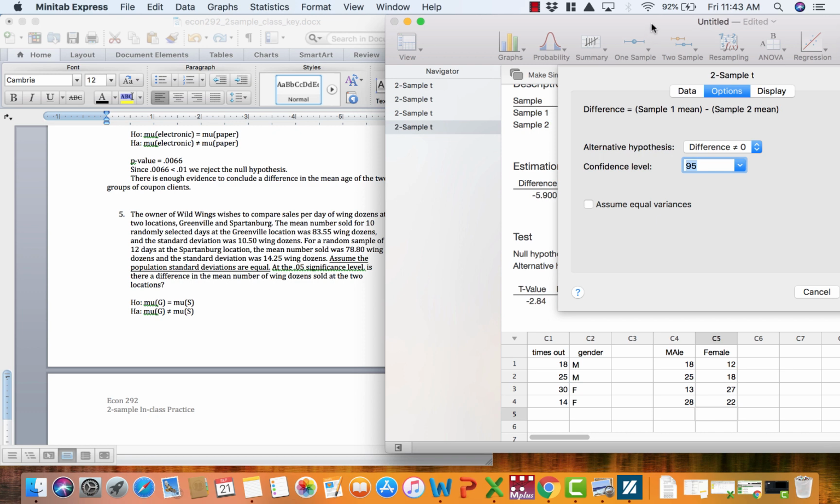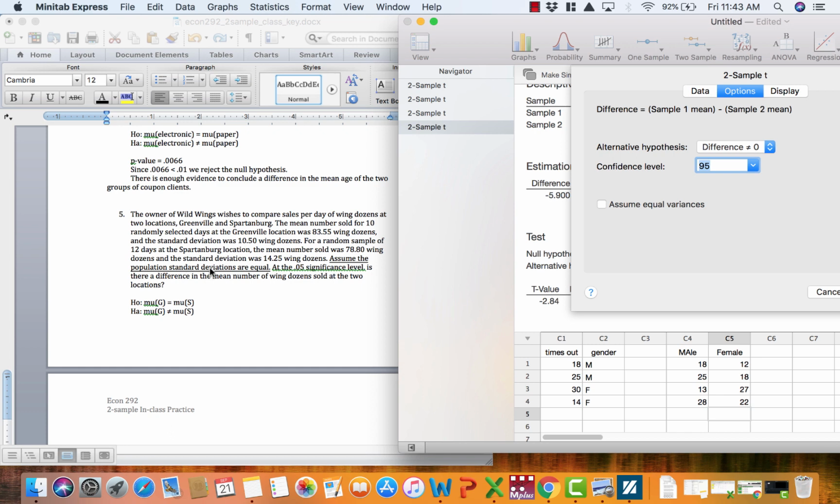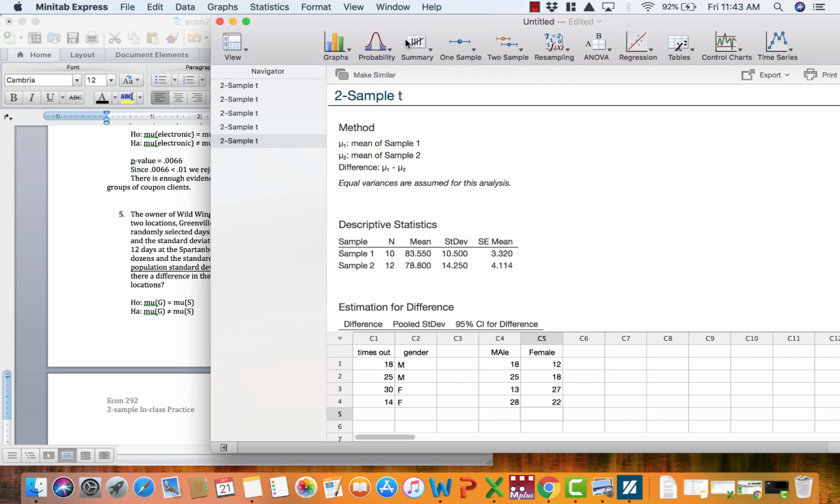We go under options. It's two-tailed, so we leave the alternative hypothesis on the default. We ignore confidence level. And according to the sentence that I underlined on population standard deviations, we have to check this box of equal variances, and we say OK.